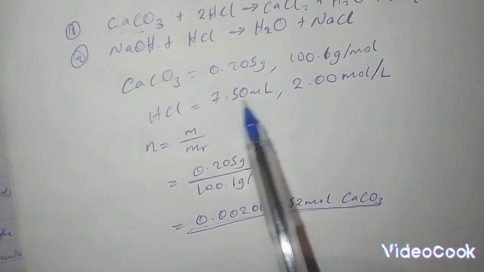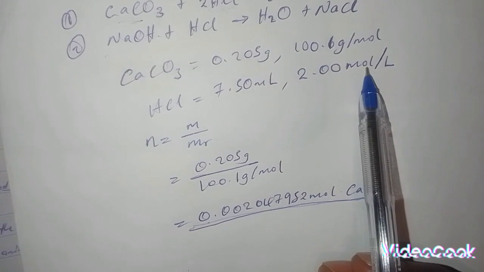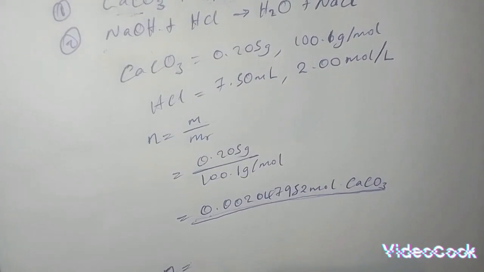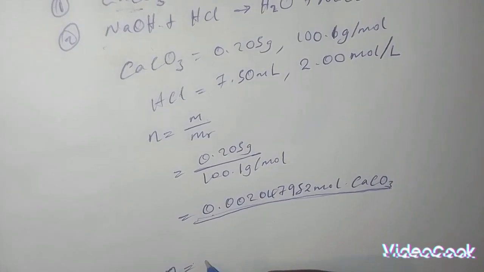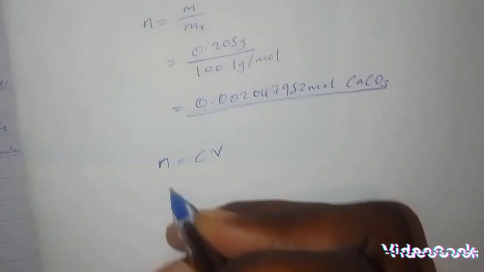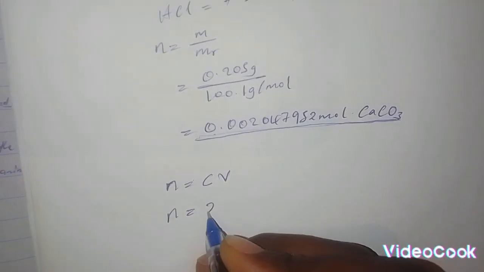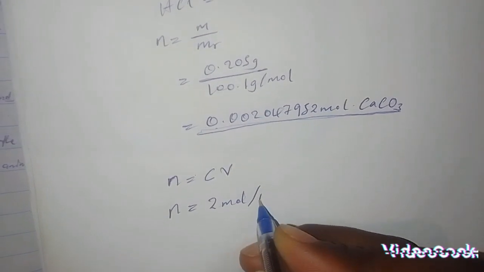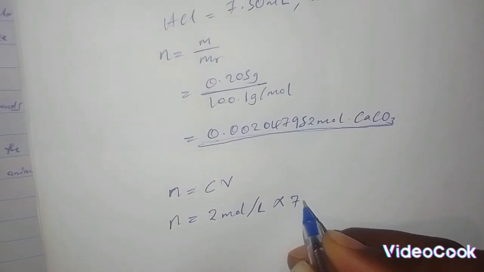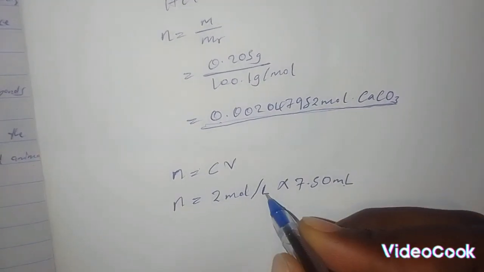Now they are saying there is 7.5 mL of 2.00 mole per liter. In this case, we know that number of moles will be found by multiplying concentration and the volume. So what are we going to do? We know that concentration, which is given there, is 2 mole per liter, which is being multiplied by the volume, which is 7.50 mL. So this one is in mL, but we have liters here.